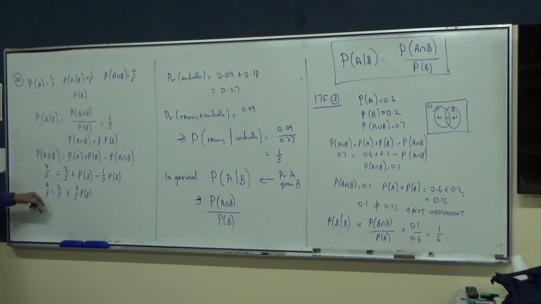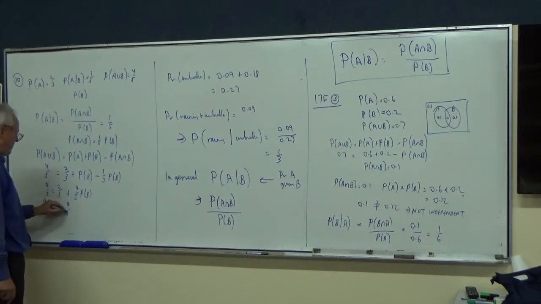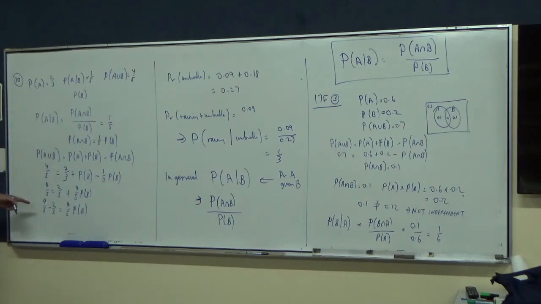Okay, let's take away 2/3, I better get them as fifteenths. So 4/5 minus 2/3 equals 4/5 probability of B. 4/5 minus 2/3, what's that?